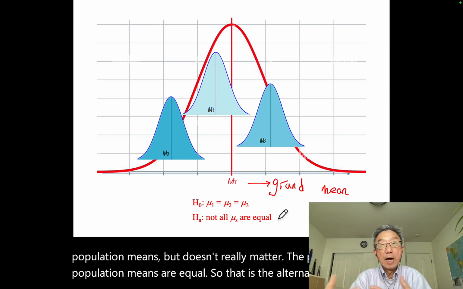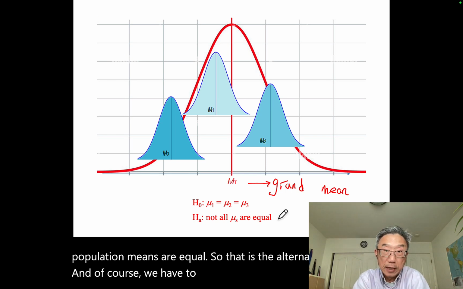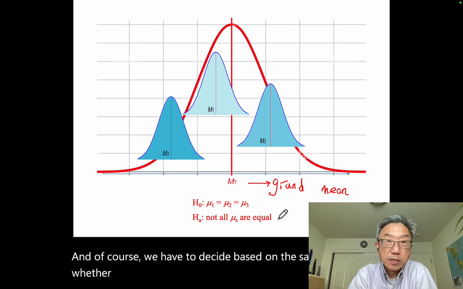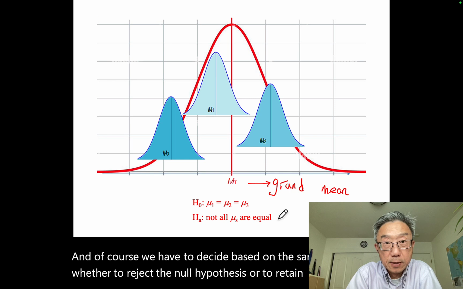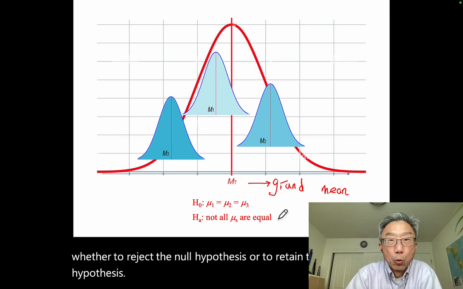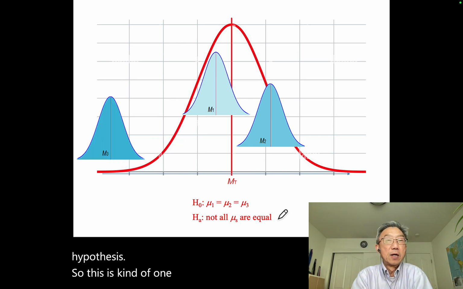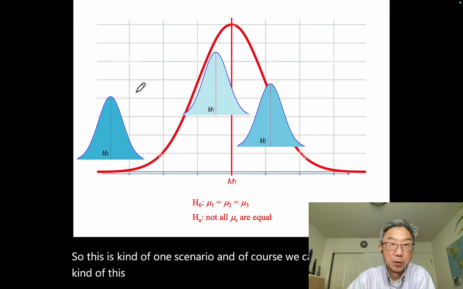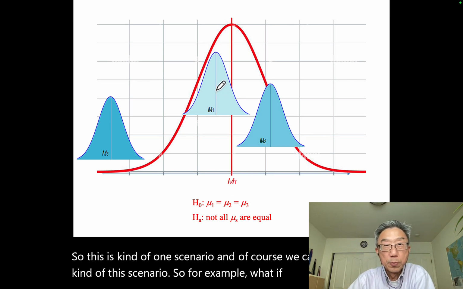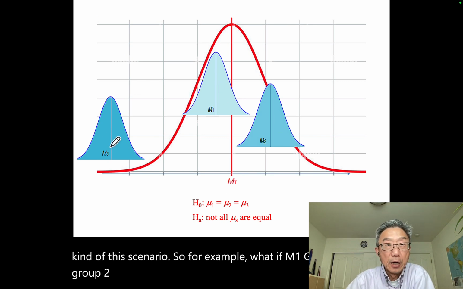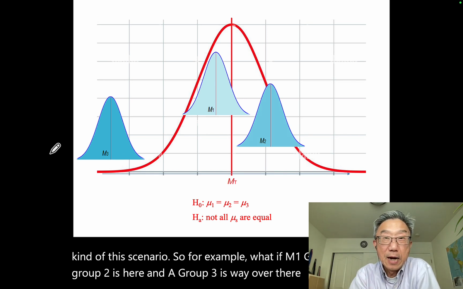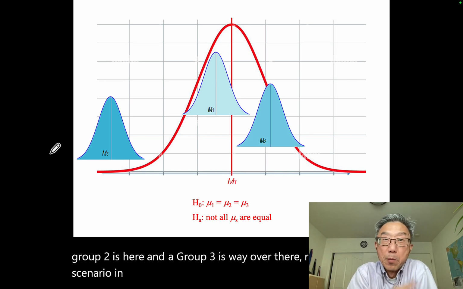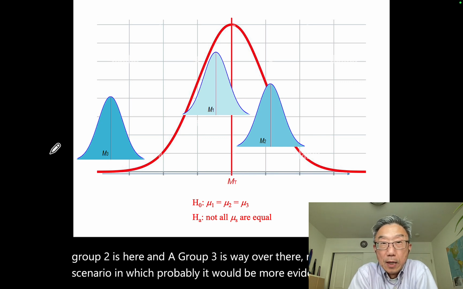And of course, we have to decide based on the sample data whether to reject the null hypothesis or to retain it. So this is one scenario. And of course, we can think about another scenario. For example, what if M1, the group 1 mean, is here, group 2 is here, and group 3 is way over there, right? This is a scenario in which there would probably be more evidence to reject the null hypothesis.